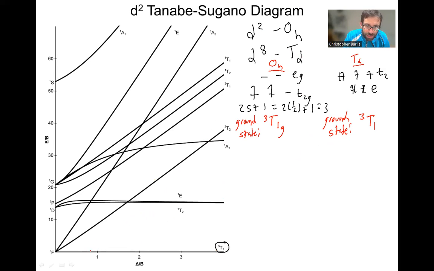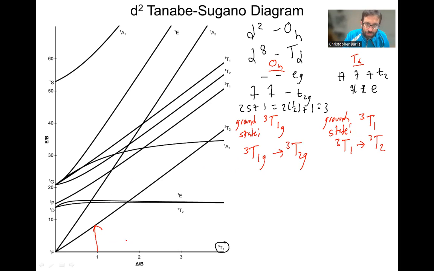Our lowest state here, let's say we're around this sort of ligand strength, would be going to a triplet T2. So a triplet T2g, we add a g for the octahedral. So our transitions would be triplet T1g to triplet T2g. I just took the T2 and added a g here for that first one. For tetrahedral, be very similar, but we just don't write the g's.